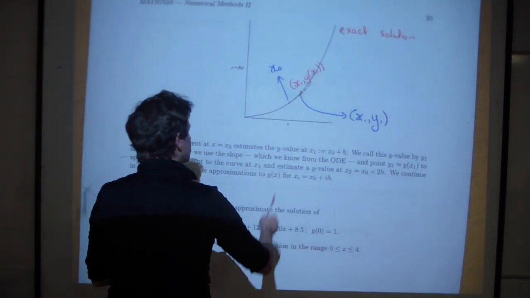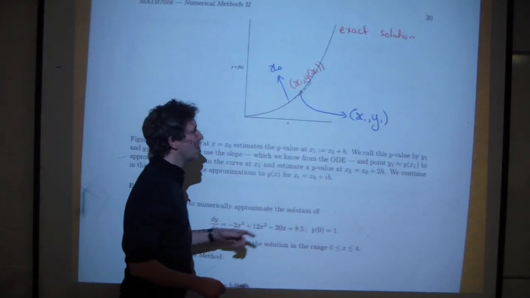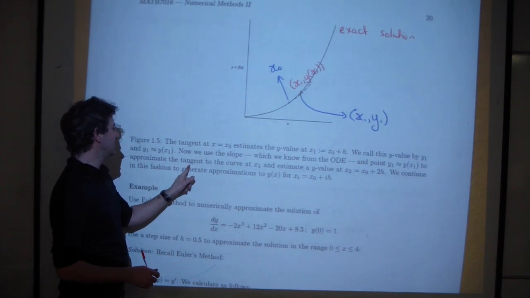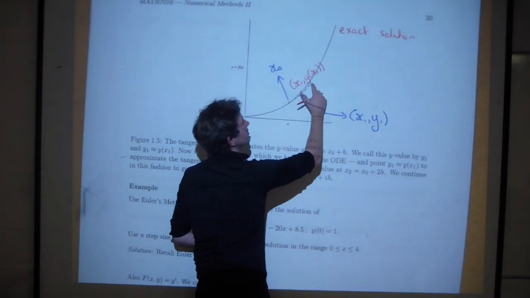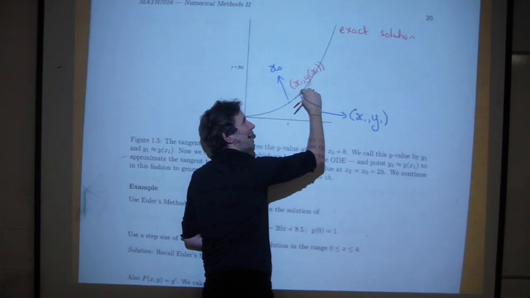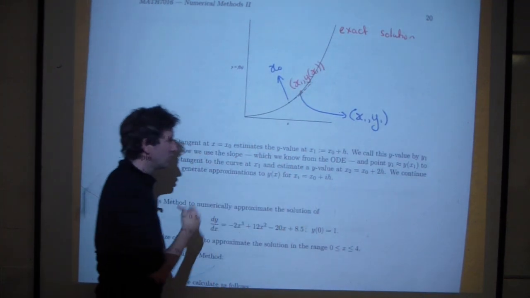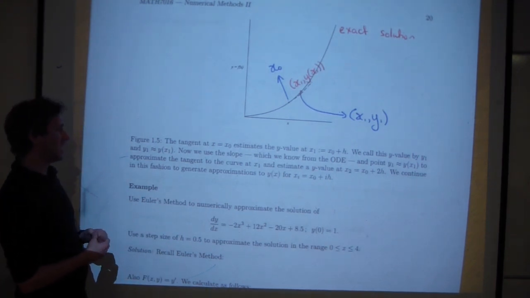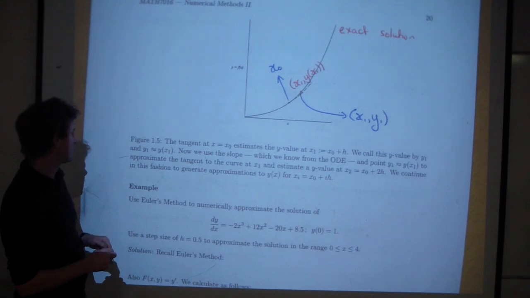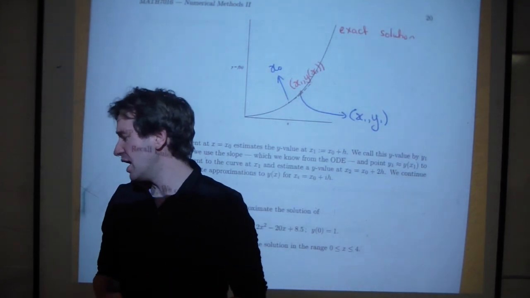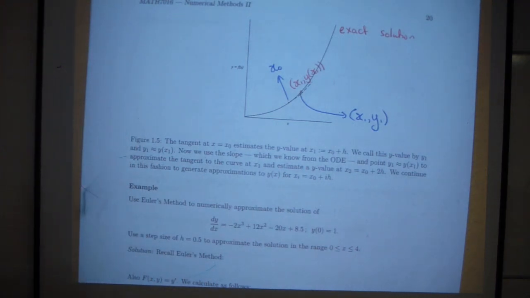Now we use the slope, which we know from the differential equation, and this point to approximate the tangent. So this little bit here is an approximation to the tangent at the true solution, which again should allow us to approximate what's going on at x2. We continue in this fashion to generate approximations at various different points.